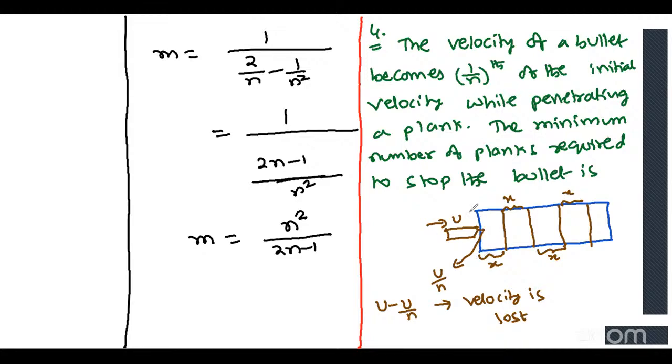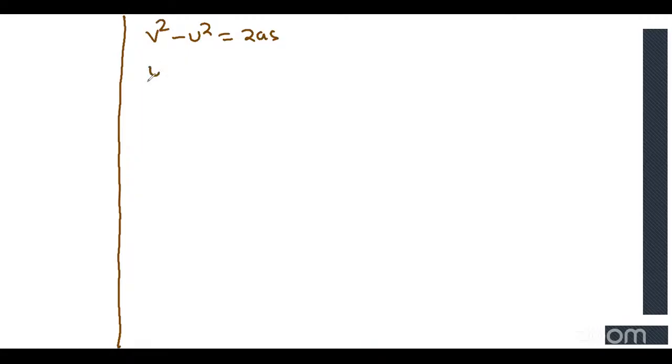So the bullet travels a distance x. By using the principle v square minus u square equal to 2as, u by n whole square minus u square equal to 2ax, equation 1.